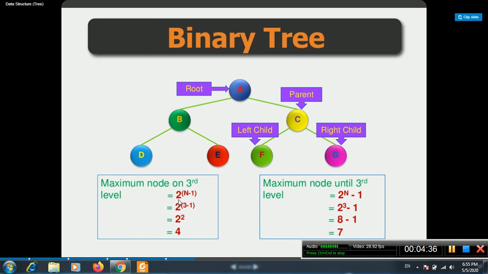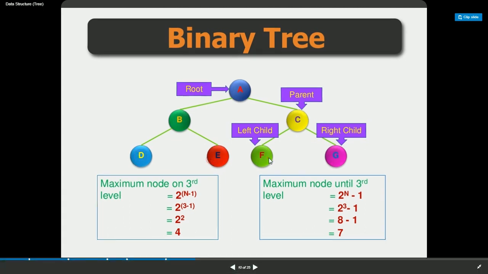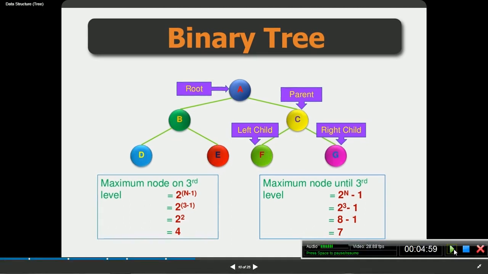This is level 1, this is level 2, and this is level 3. So calculate 2 to the power n minus 1, where n equals 3 because level equals 3. So 2 to the power 3 minus 1 equals 2 to the power 2, which equals 4. So we have 4 nodes in level 3. So level 3 is this. So 4 nodes: 1, 2, 3 and 4.